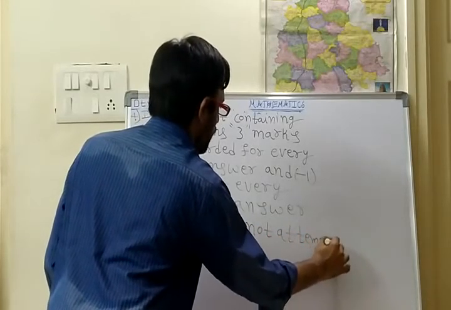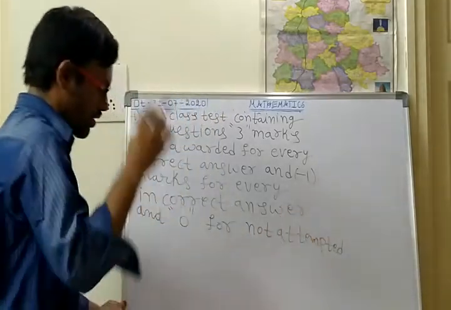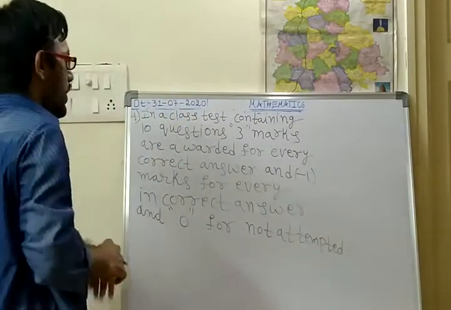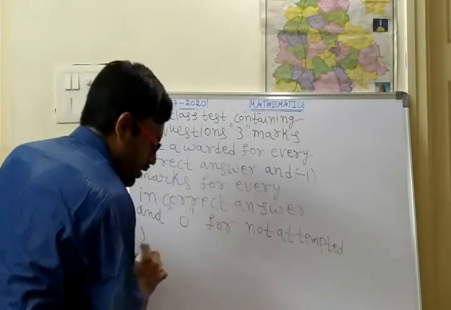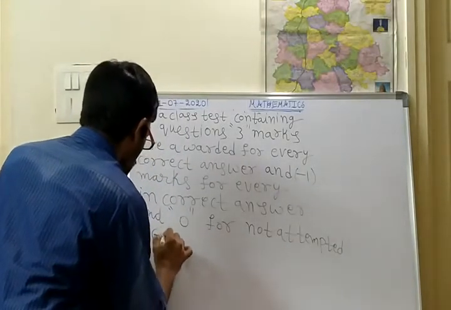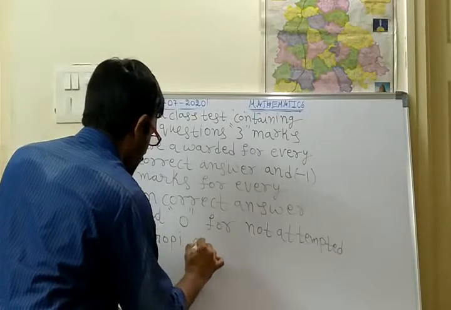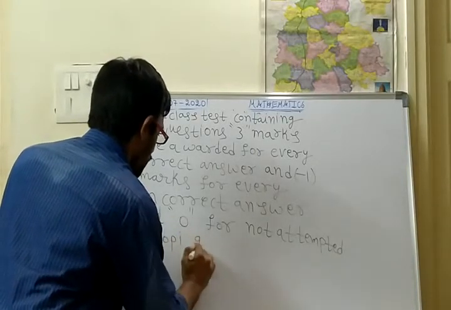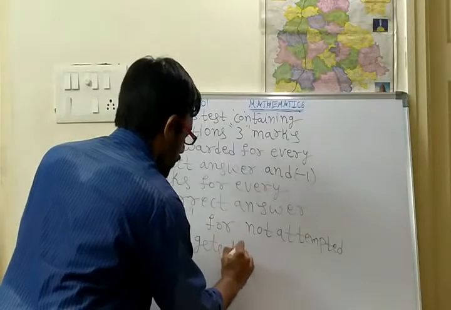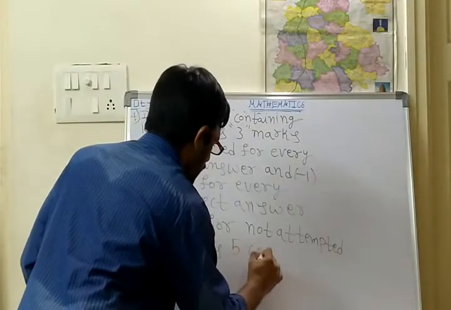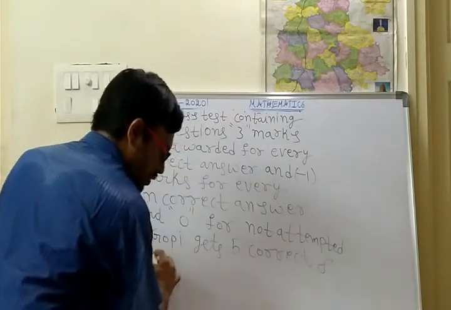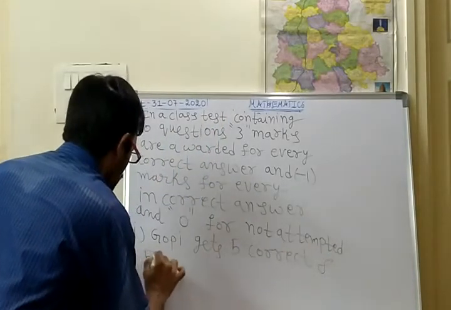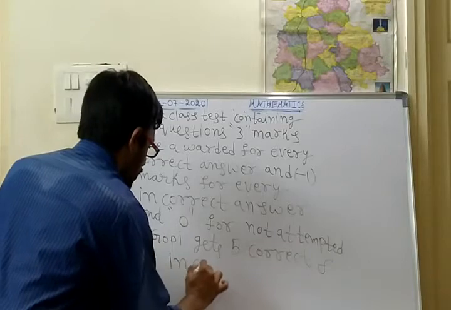Okay, so this is a problem. In a class test, I will write the first one. Gopi gets 5 questions correct and 5 questions incorrect, 5 questions wrong.